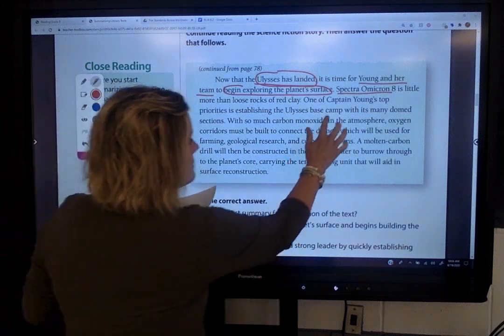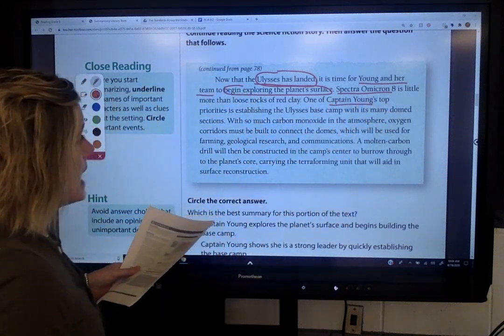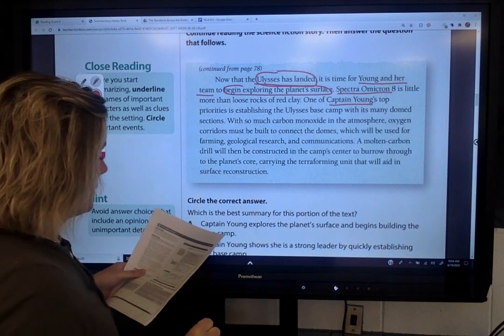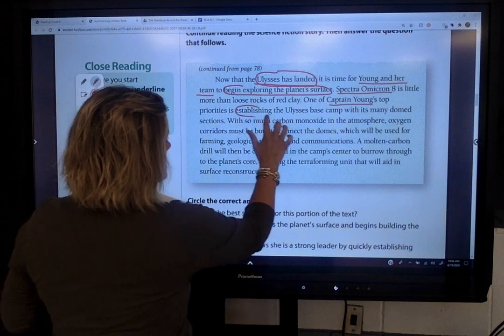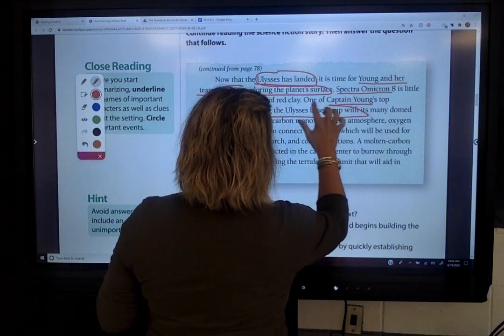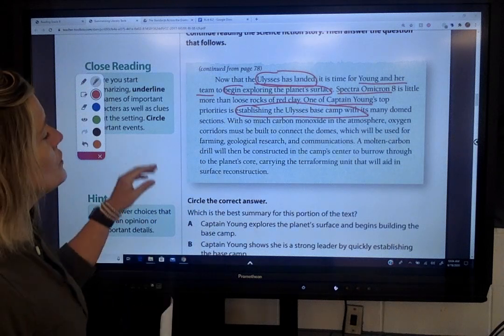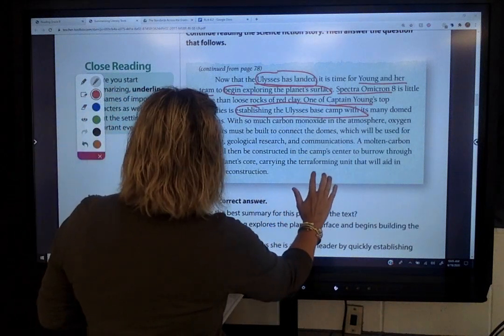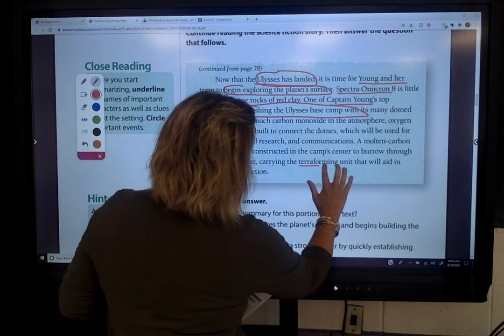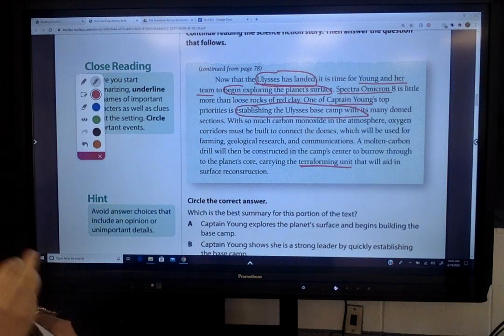And then you've got Captain Young, again, her top priority is establishing the base camp, okay? And that can be an event. She wants to establish the base camp to really get some work done. And you've also got an important kind of detail.